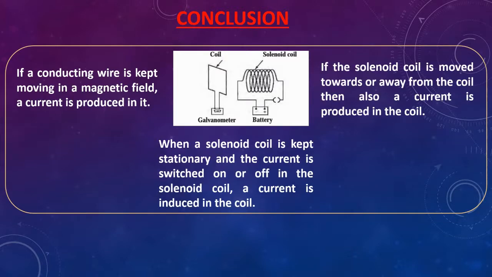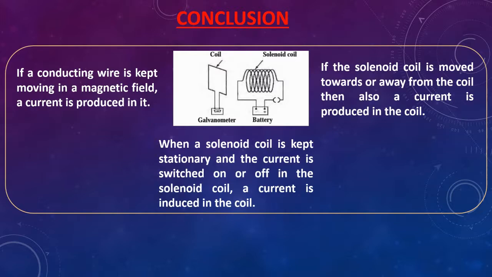In experiment 3, we have seen that if a solenoid coil is moved longitudinally or laterally, that means if it is moved towards or away from the coil or in up and down position, then also a current is produced in the coil which is placed adjacent to it. And this indication of the current is shown by the deflection in the galvanometer.